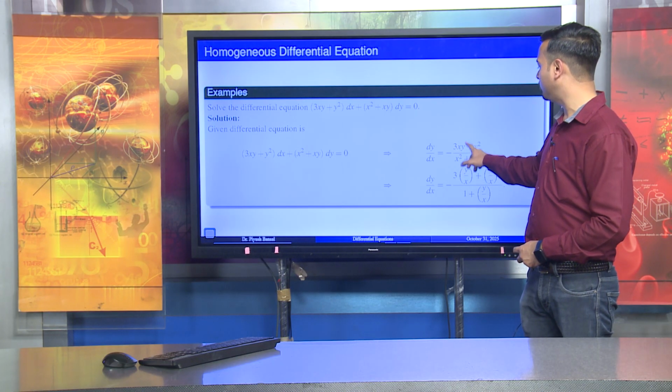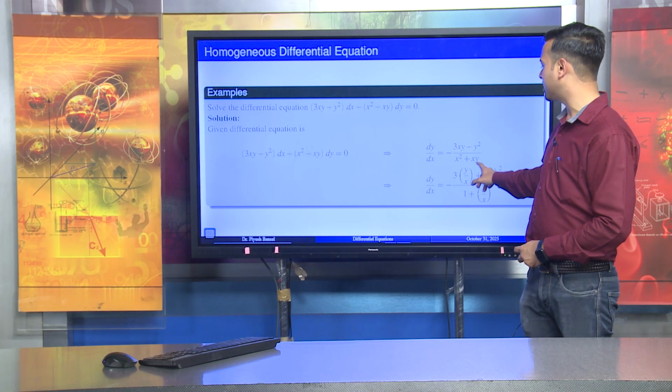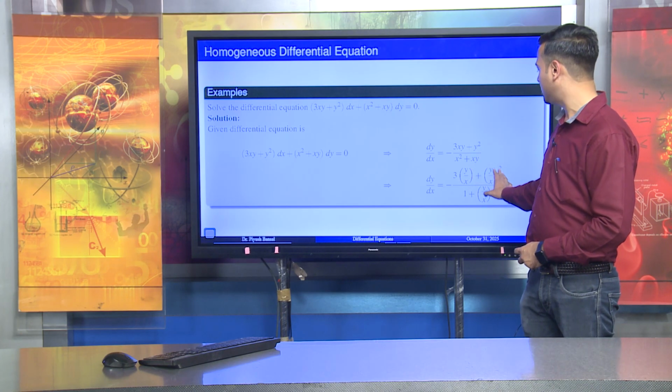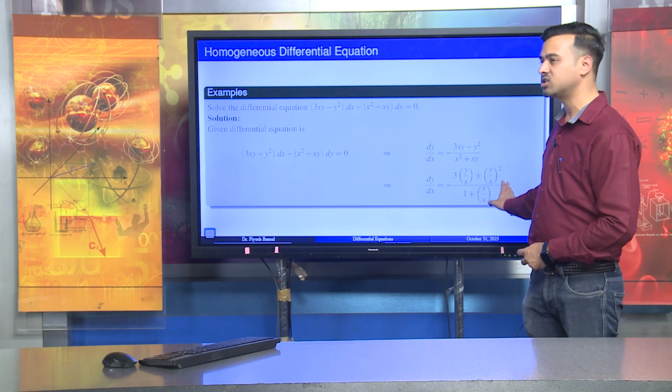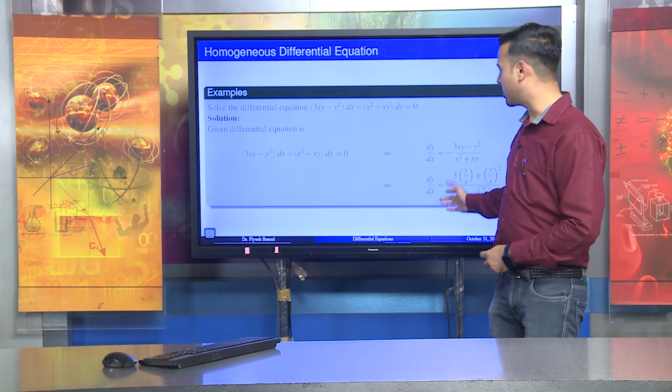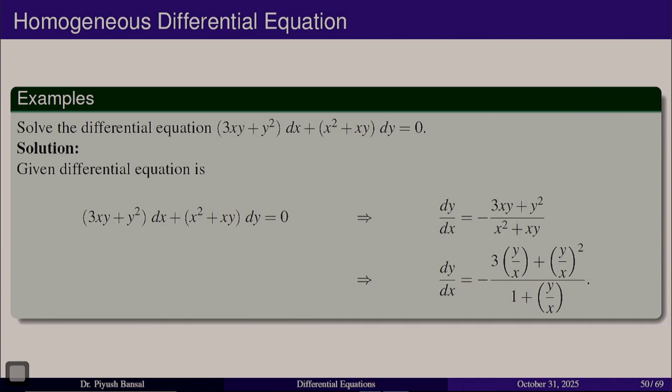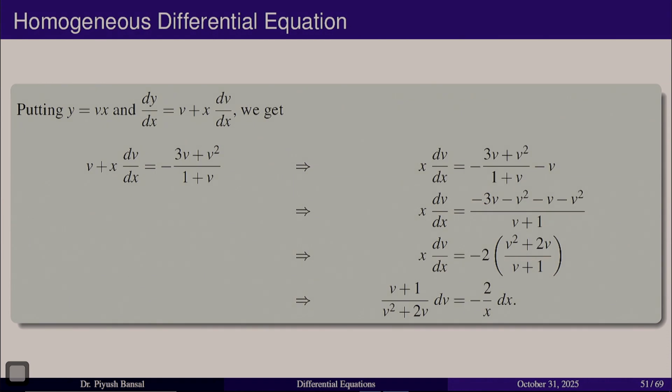Now, being order 2, we divide both numerator and denominator by x square in order to obtain a function on the right side which is a function of y by x again. So, this is from step 1. Now, we put y equal to Vx and we obtain the differential equation as a separable differential equation in the two variables v and x, which is given in the last step of this slide.